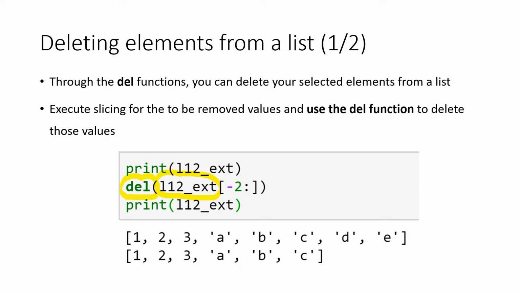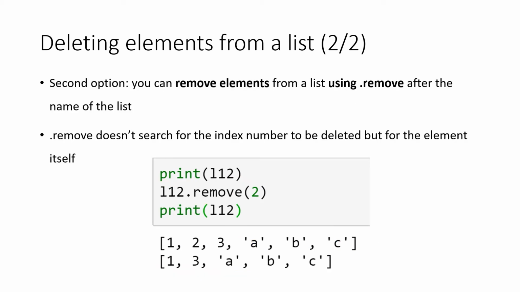So in our case, we want to delete the two last elements from our list, which would be D and E. So first we call the del function onto our list L12_ext, and then we define our range as the last two elements with a starting point of index number -2 until the end of the list. If we print it out, we can see that we have the list without the last two elements now.